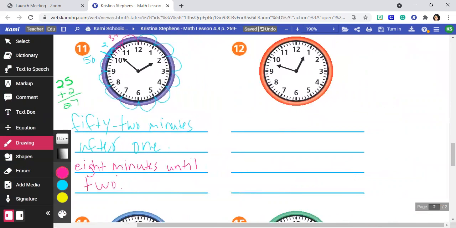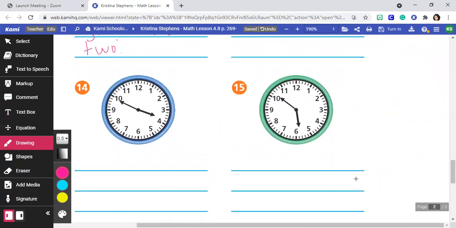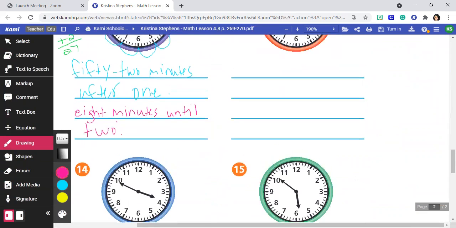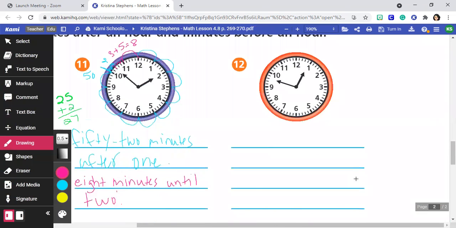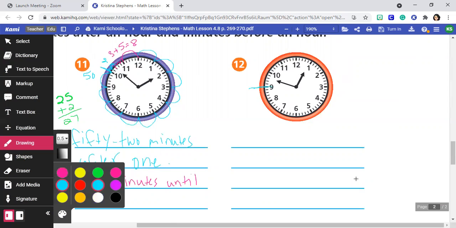All right, let's do number 12 together, and then we will give you an opportunity to do 13, 14, and 15, and then check your answers here. Again, I see that the nearest hour marker that my minute hand is at right before is right here at the 9. And I know that 9 groups of 5 is 45.